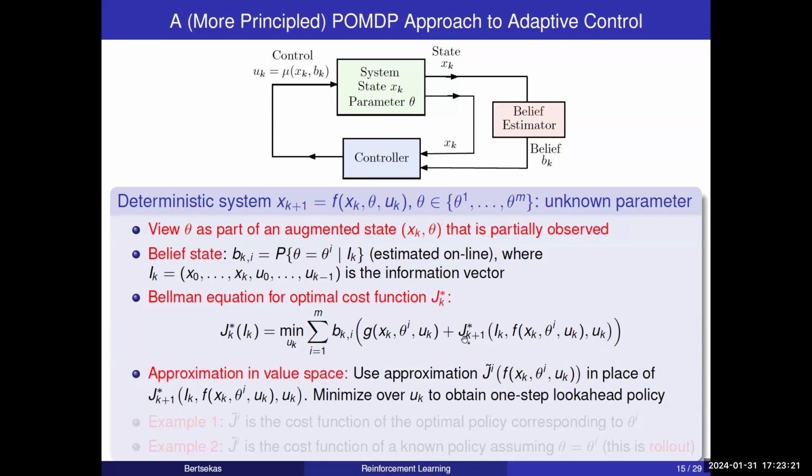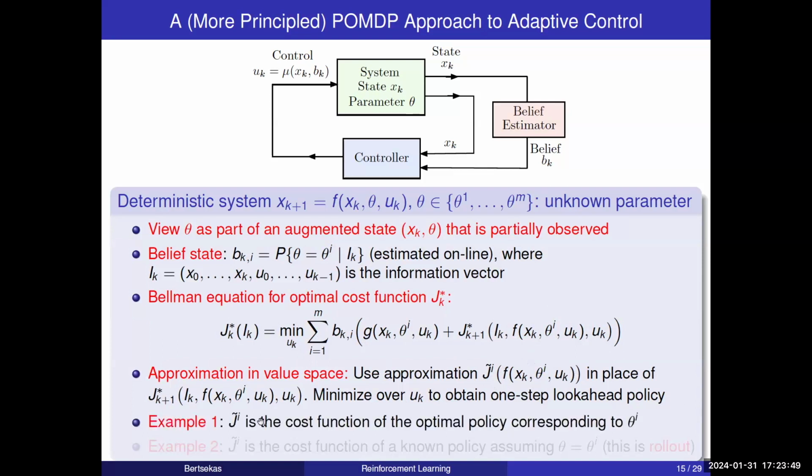Instead of these J stars that we don't know, we use some J tildes, but we can tailor J tilde to depend on the parameter itself, because we're taking the expectation. And then we minimize over u_k to obtain a one-step look-ahead policy. So if I somehow can calculate these J tildes, then I can do this minimization and obtain a one-step look-ahead policy.